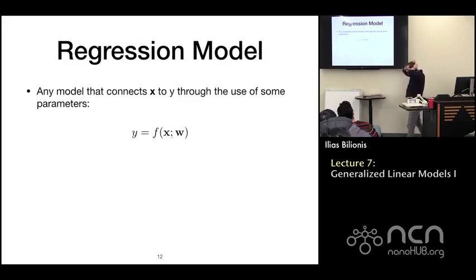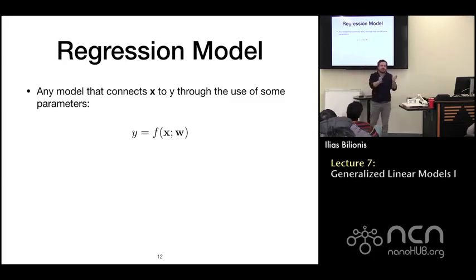Anyway, here's the classic regression model. The most general form of a regression model that you can think of is like that. So x is connected to y through a model f of x that has some parameters which I call w. Now this could be any model you like. It could even be a physical model. It could be that I set up a bunch of differential equations which I solve and then I grab this quantity. That could be what f does. So it could really be anything.